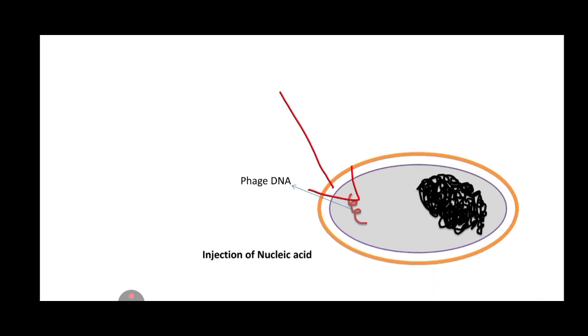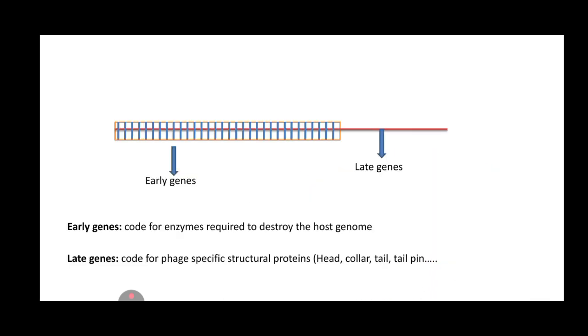And in the next slide, a typical phage genome has two essential components: one is the early gene, another one is the late gene. These two genes are the key role players in the multiplication of phage. So what is the role of the early gene?